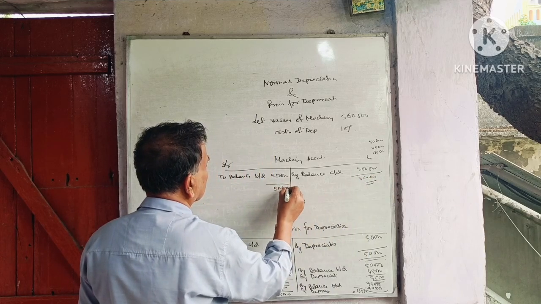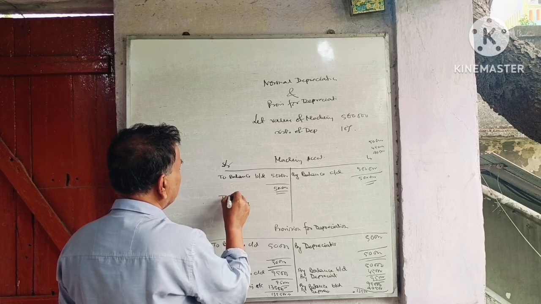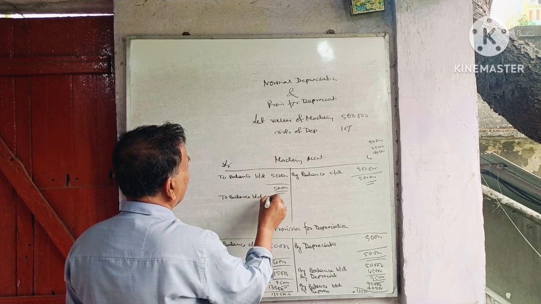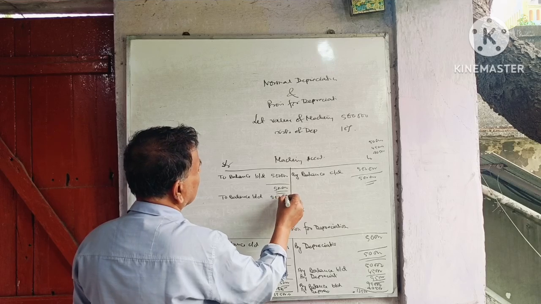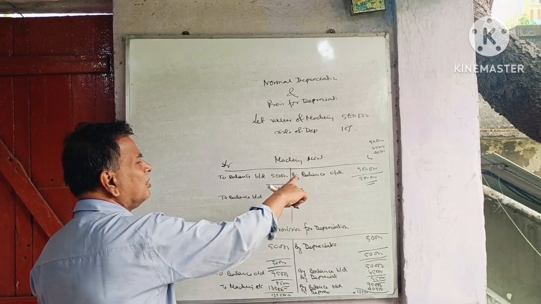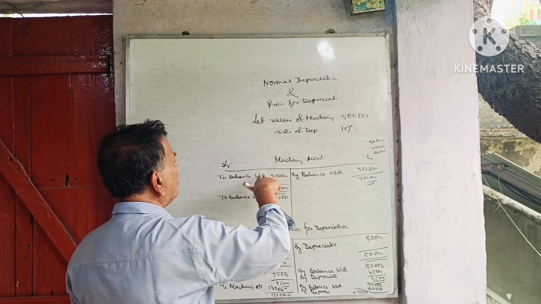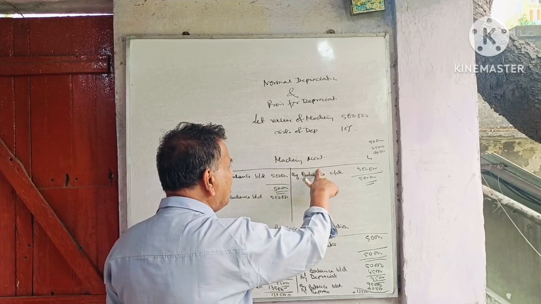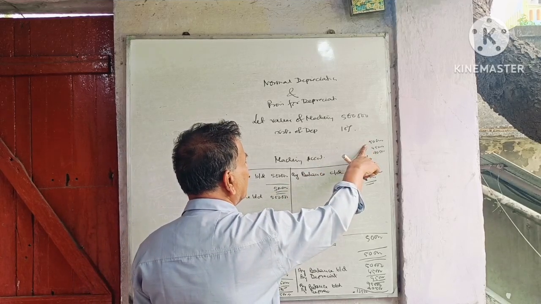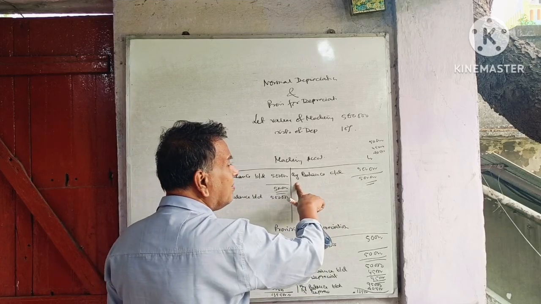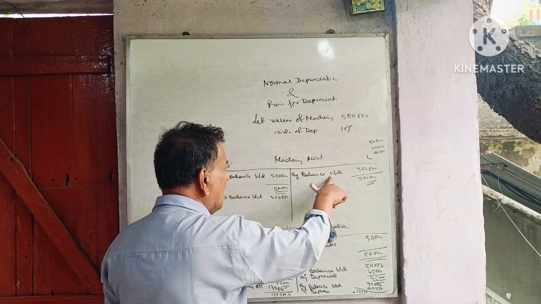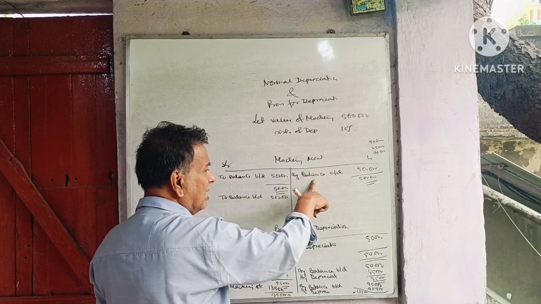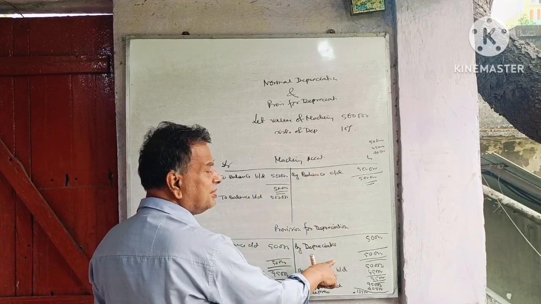To balance BD, 5 lakh. See please, in respect of the normal depreciation, the first entry is already affected, to balance BD, but here in this case, we have to write by depreciation 50,000. But here in this case, it is by balance CD. That means normal depreciation is not affected over here. That is the basic difference between normal depreciation and provision for depreciation.